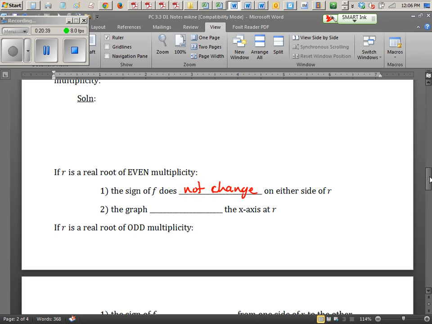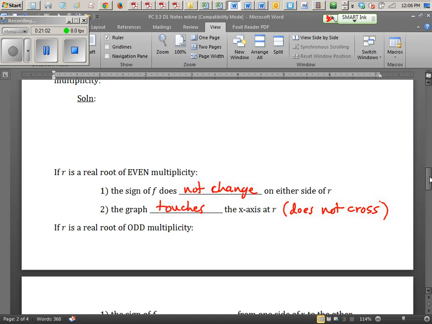We'll talk about what that means graphically in a moment. And the graph touches the x-axis at r. Touches. Does not cross through, just touches.